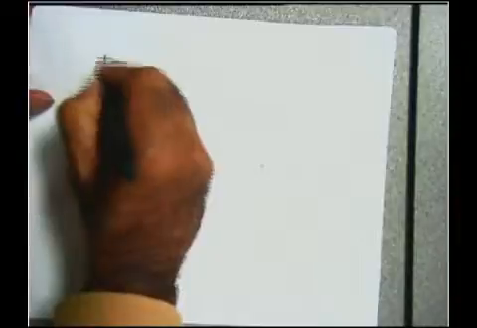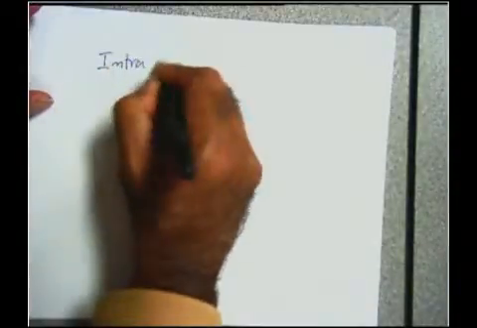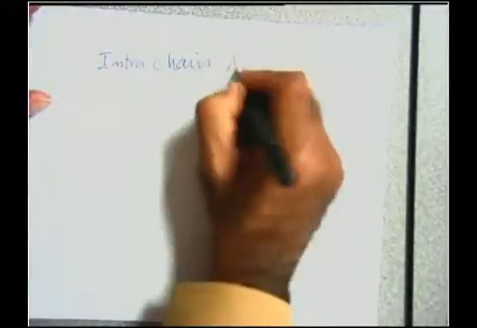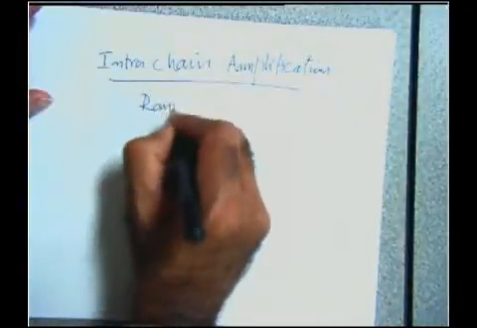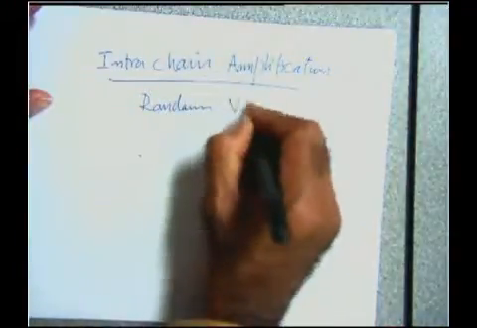Okay. How do they do it? There are different concepts here. One is the intra-chain amplification. Intra-chain amplification is one part where you have the random choice of VDJ segments. These are the gene segments, right?